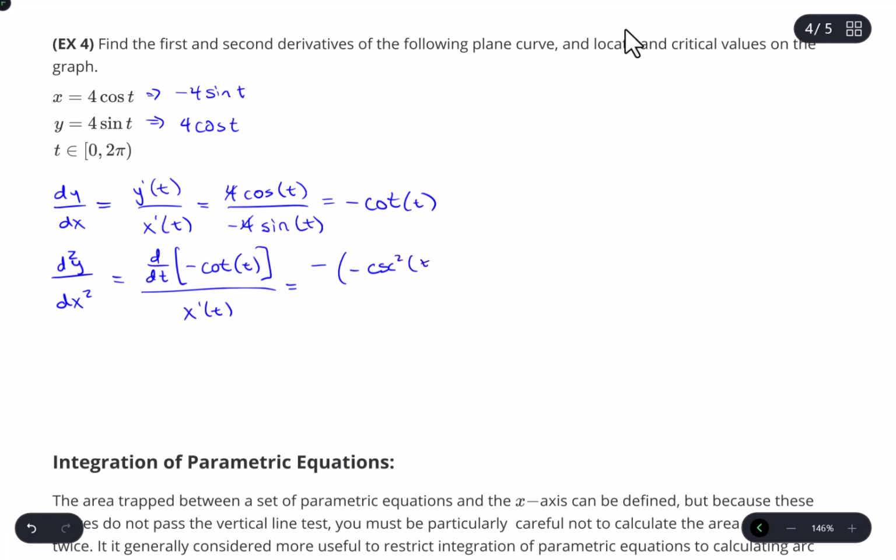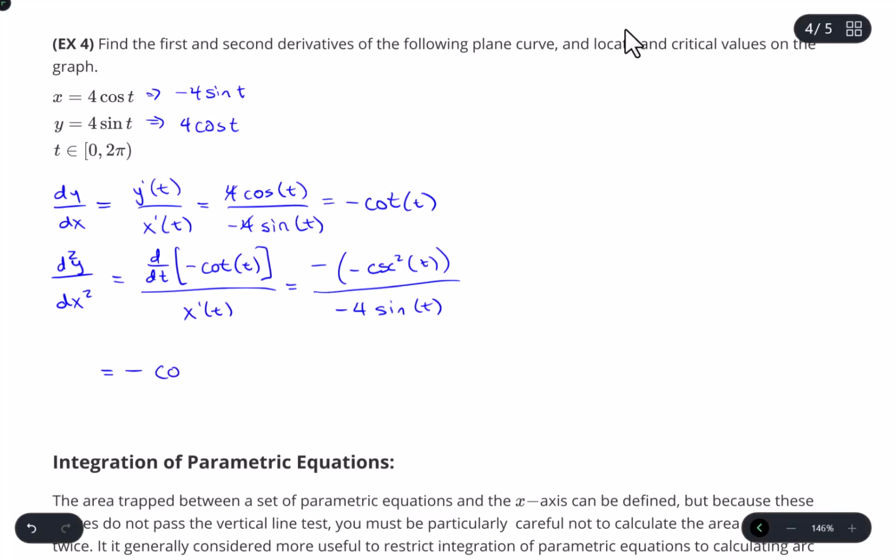So put that in. I have a negative out front because there's a negative on the function itself. Then its derivative is also negative, so those will cancel. X prime is negative 4 sine t. All right, so all these negatives actually result in a final answer that's negative.